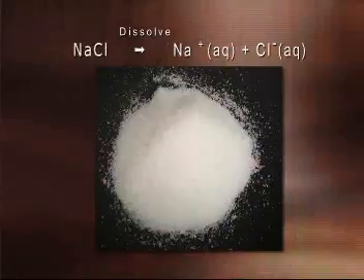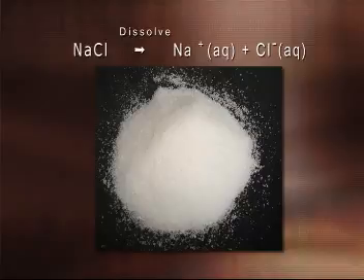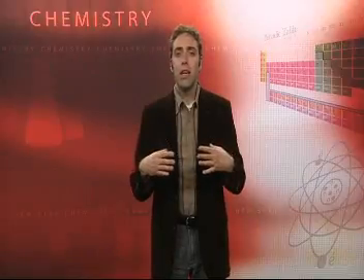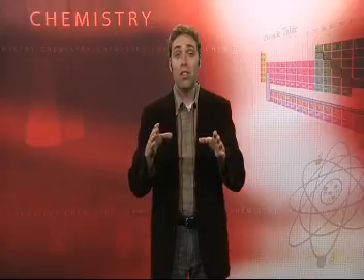When salt, such as the type we use to season our food, is dissolved in water, the ions that form the solid are released into the solution. They become associated with the polar solvent molecules. Salts generally dissociate into their ions when they are dissolved in water.